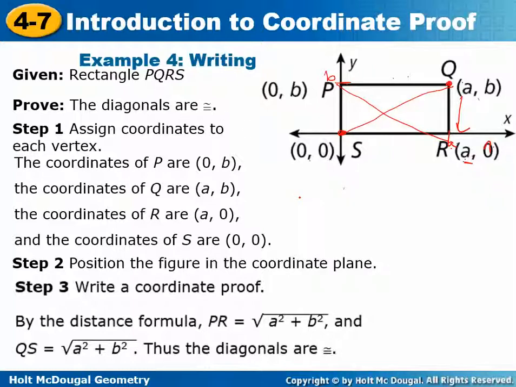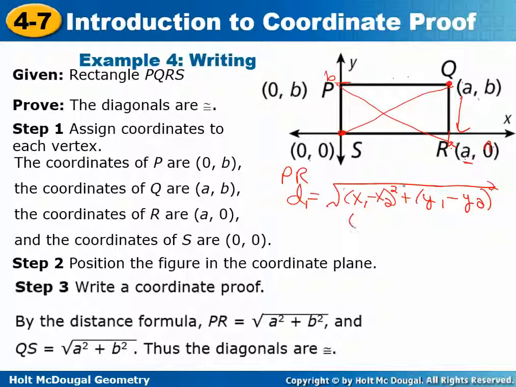To show that they're the same, you have to use the distance formula, which says the square root of x1 minus x2 squared plus y1 minus y2 squared. And we need to do that two times. So for D1, I'll do it for PR first.